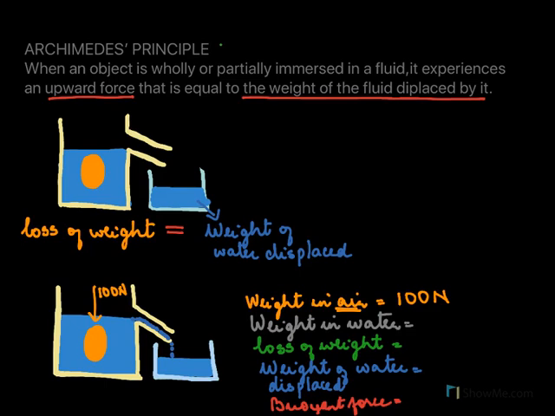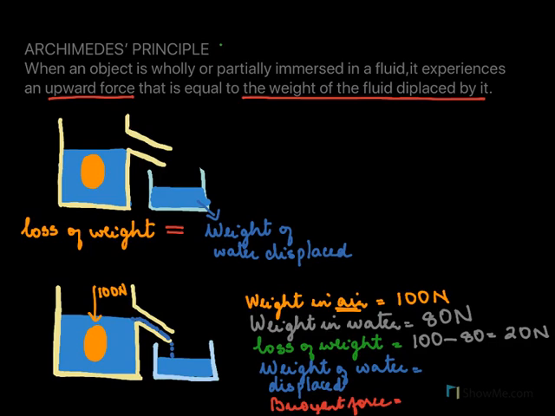Now when the object is put in water, it's going to lose its weight. So let its weight in water be 80 newtons. After having put it in water, the weight has become less, and now it is 80 newtons. So the loss of weight will be 100 in air minus 80 in water, which is 20 newtons. That is a loss in weight.